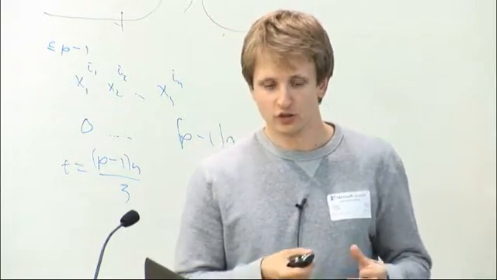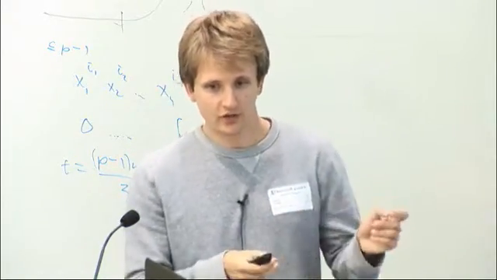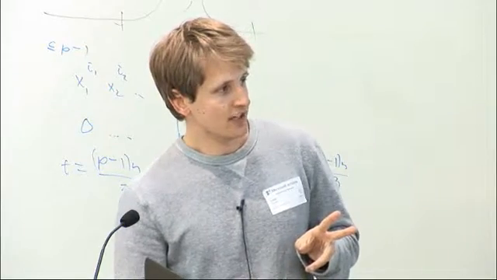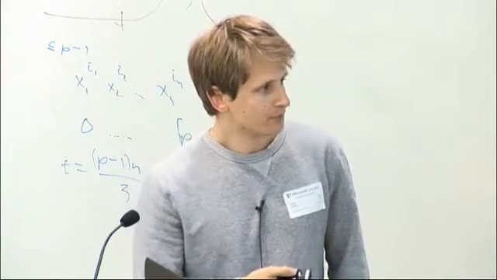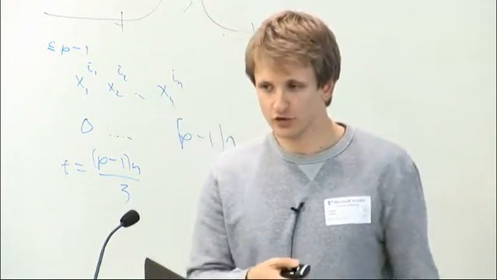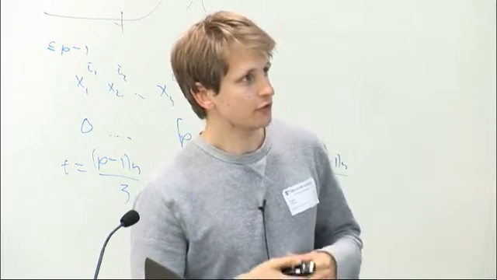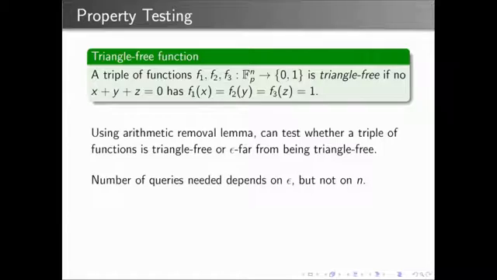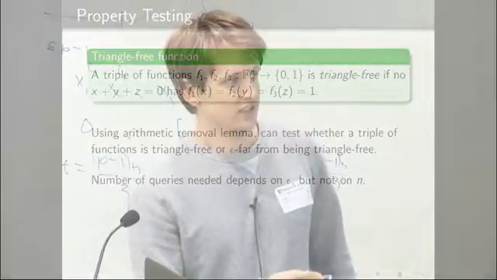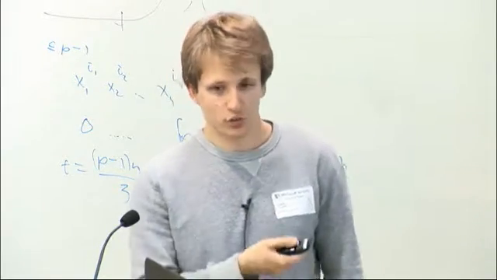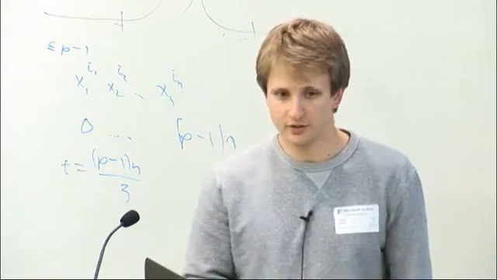So if we start querying random points, random x, y, and then if they're both 1 according to the function, then based on the delta from the lemma, we can say that if we have a certain number of queries, then with high probability, if it has a triangle, we will see it. The point is that the bound on the density depends on epsilon but does not depend on n, so the number of queries we need depends only on epsilon and not on n.